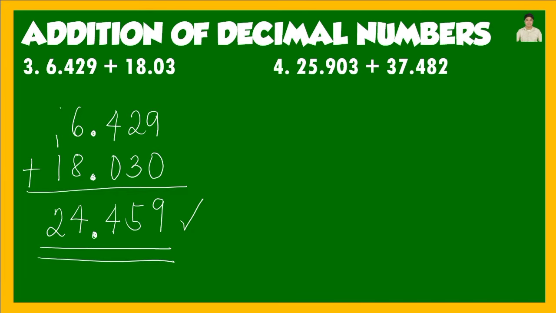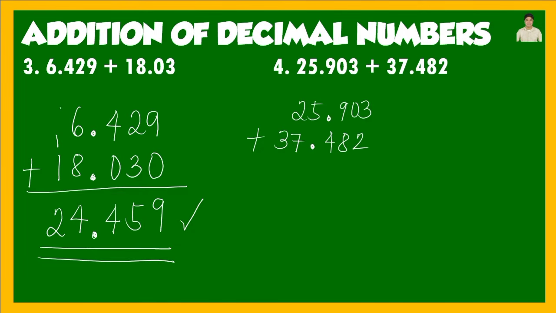Next, 25 and 903 thousandths plus 37 and 482 thousandths. So, halimbawa, ganito natin inalign yung ating mga decimals. So, pakita ko lang ha, para makita nyo na mali. Ayan. So, ito.